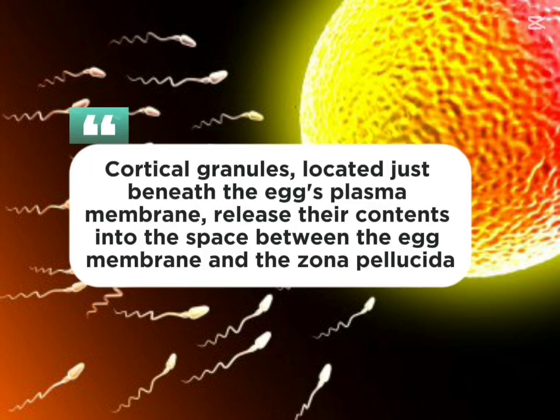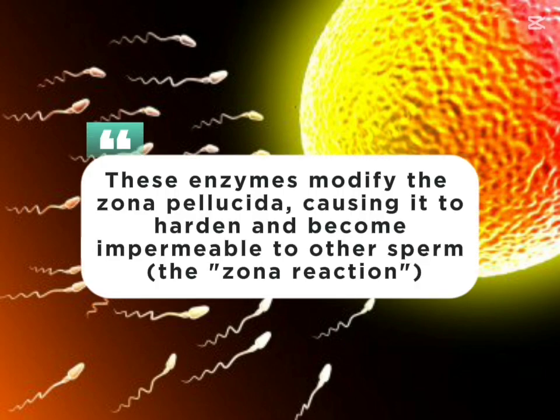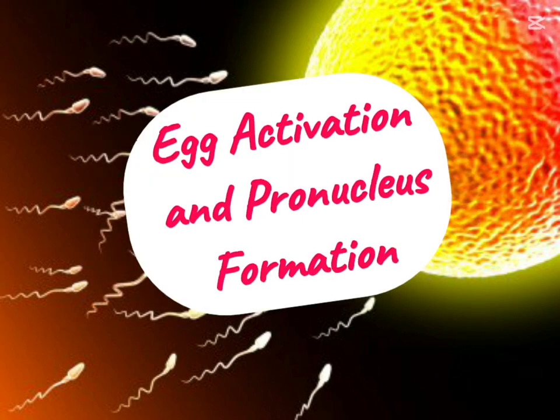Cortical granules, located just beneath the egg's plasma membrane, release their contents into the space between the egg membrane and the zona pellucida. These enzymes modify the zona pellucida, causing it to harden and become impermeable to other sperm. The zona reaction.